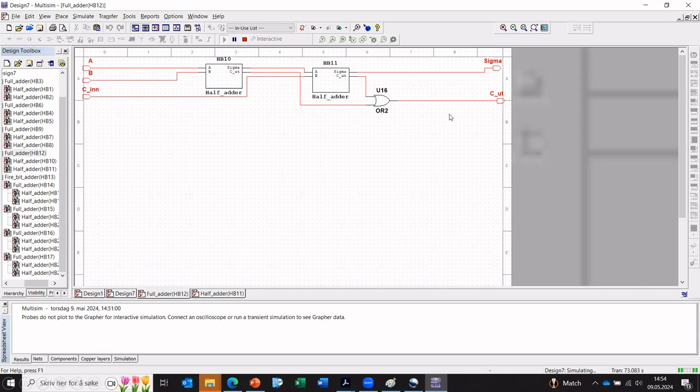And out we get the carry and also the sigma, the sum of the two half adders. So here is the full adder.